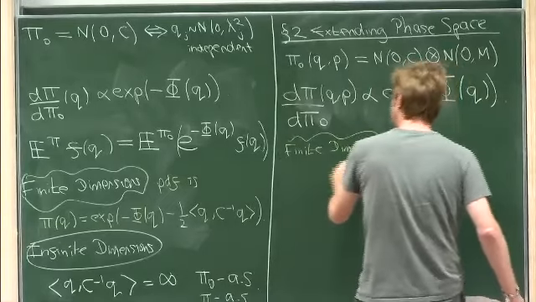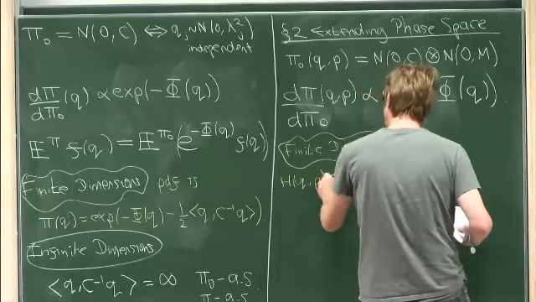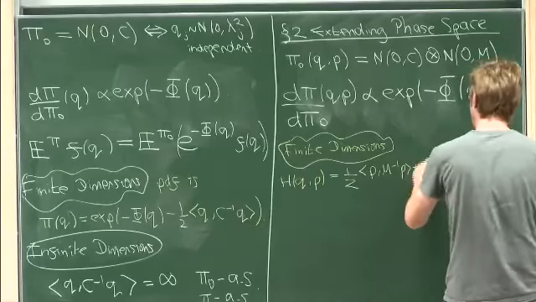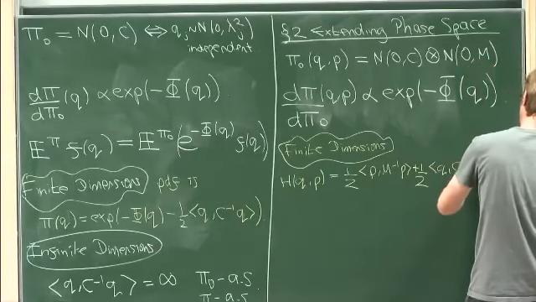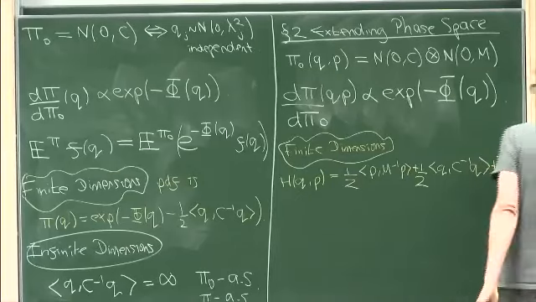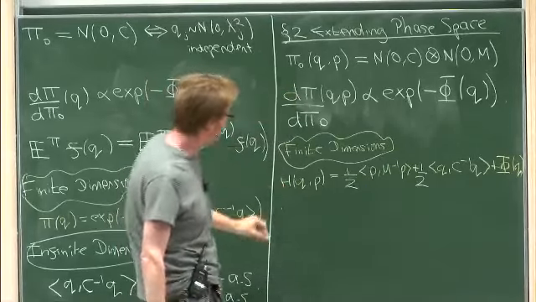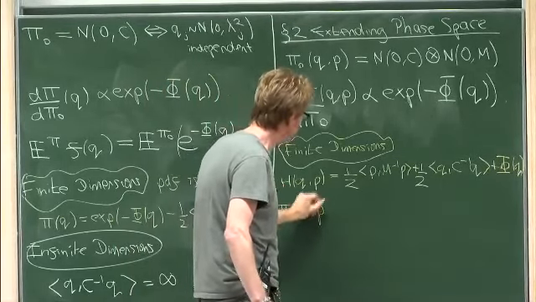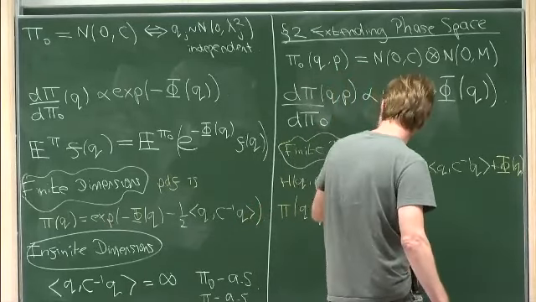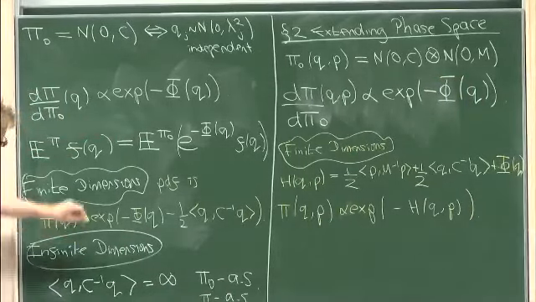So there's a Hamiltonian underlying this, and that would, if we define H of q and p to be a half p M inverse p, plus a half q C inverse q plus phi of q. And with that definition, if we were in finite dimensions, then pi of q and p would be proportional to e to the minus H. And this maybe should be proportional.